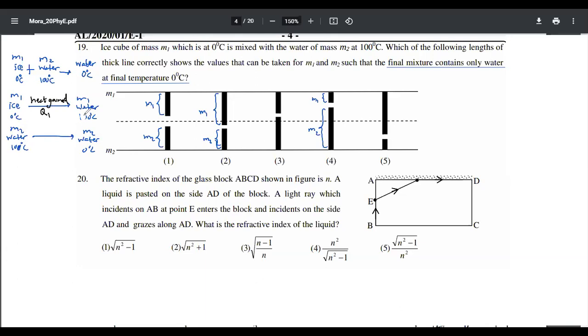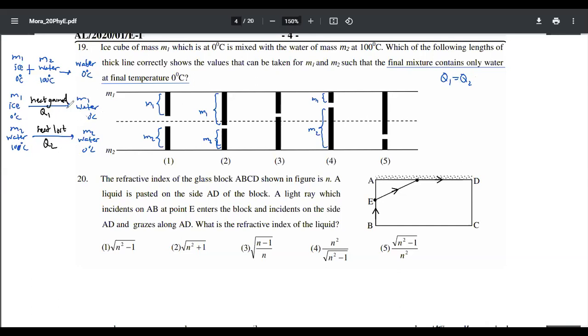Because finally we have 0 degrees Celsius water. And what is happening here? Heat is lost by this water, Q2. And we can say Q1 is equal to what? Q2. Hot water is losing heat, ice is gaining heat. But ultimately both are becoming water at 0 degrees Celsius.